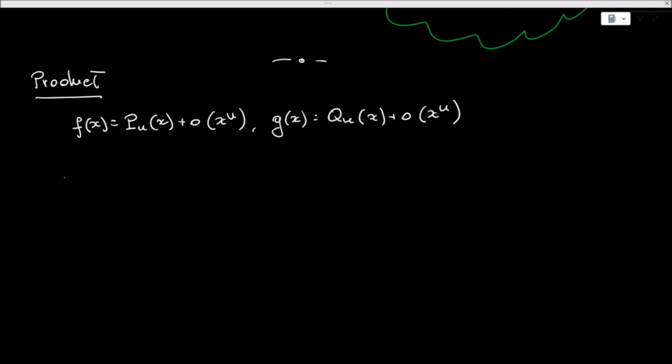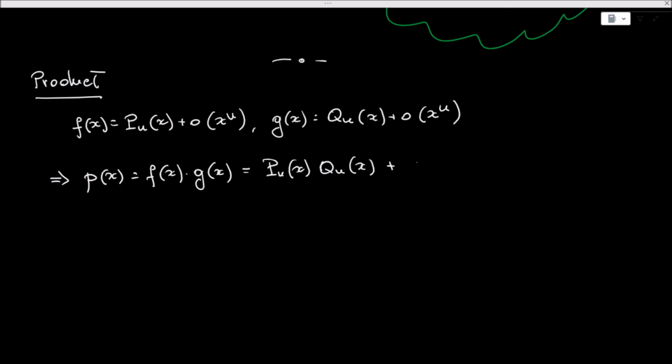And we are saying that the product, which is basically f of x times g of x, is now expanded into Pn of x Qn of x, which is basically the product of the two Taylor polynomials, plus little o of x to the n.